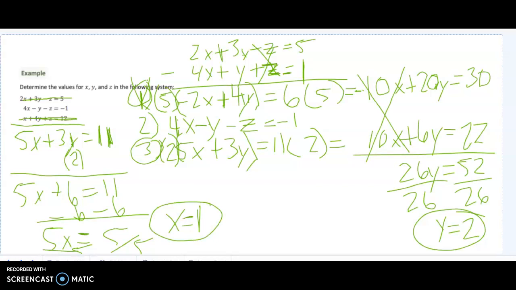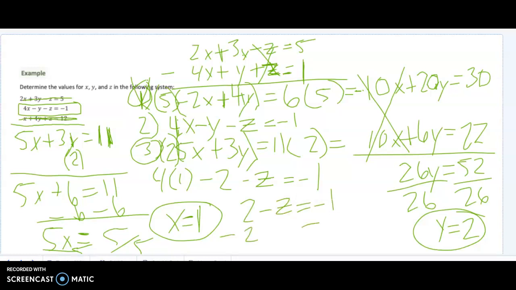We want to plug both of those into our middle equation so that we can solve for the z. Okay, so 4 times x minus 2 minus z equals a negative 1. So that equals, what's 4 minus 2? That is 2 minus z equals negative 1.